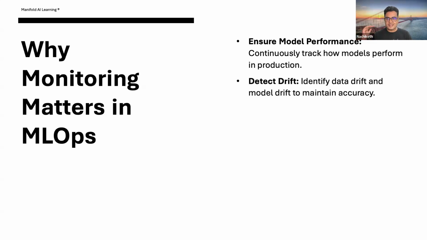Whenever these things occur, we can take the necessary action and alert the right teams. It can be alerting the data science team to ensure the model gets updated, so the business gets better performance in the production environment as well.